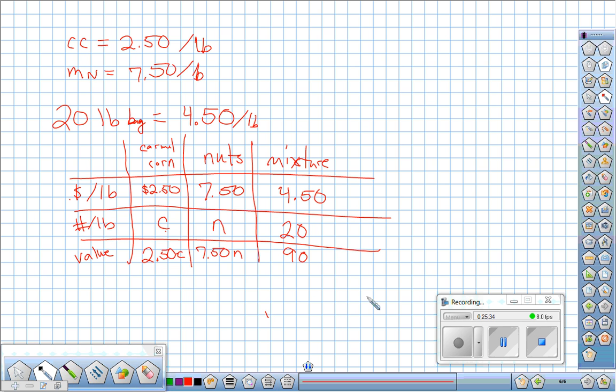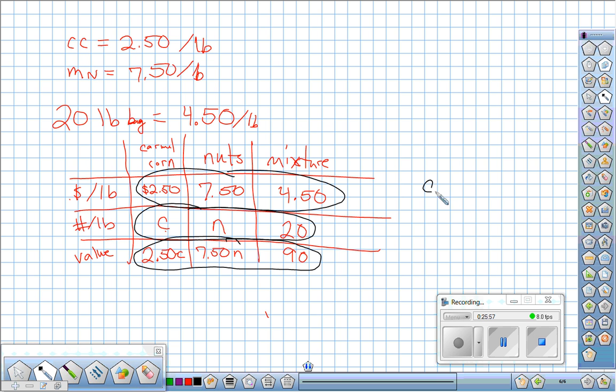Now we have to figure out actually how much caramel corn we got and how many nuts we got. So I'm going to go straight across. You don't necessarily have to circle it, but that top row is really not an equation because it just has a bunch of numbers. But these two bottom pieces are actually going to give me my equations. So what I'm going to have is C plus N equals 20.